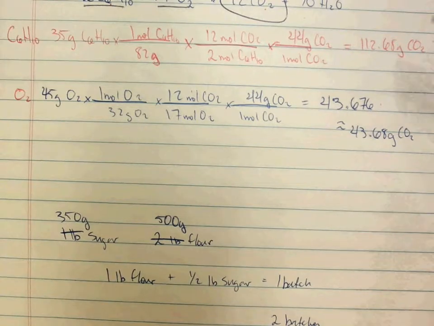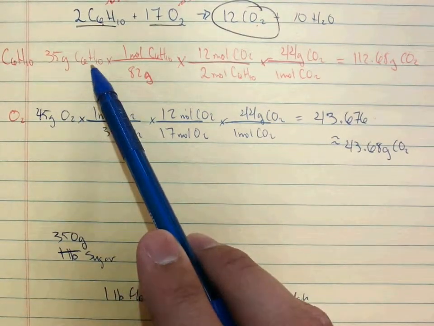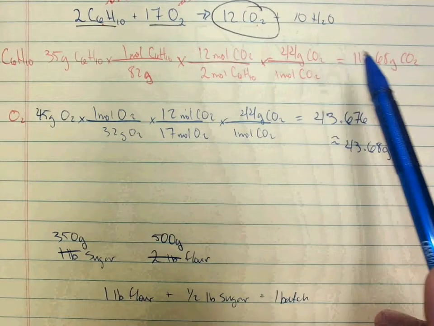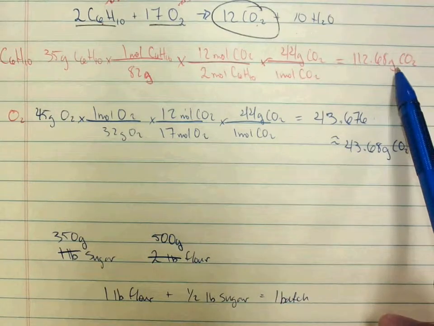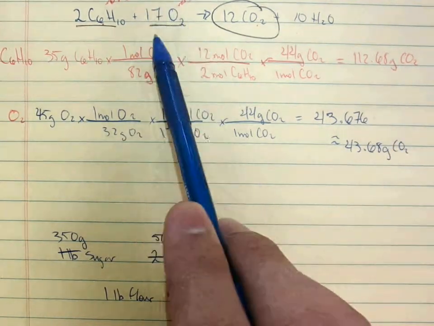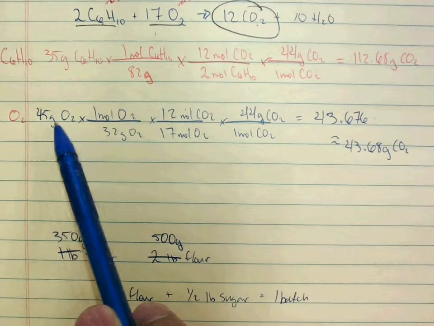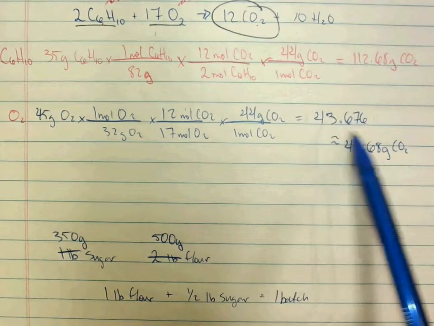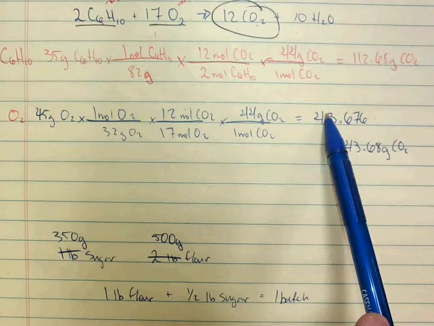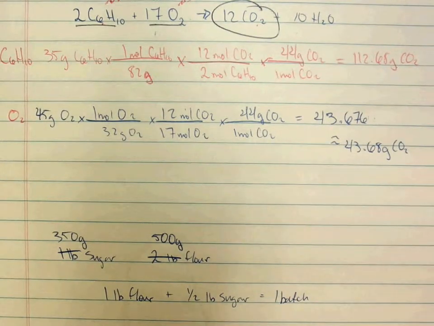That means that given 35 grams of C6H10, I can make 112 or about 113 grams of CO2. But that's only saying I can make this if I have enough oxygen. Oxygen, on the other hand, is only 45 grams. So because this number is the smallest number, I can only really make this many grams of CO2.